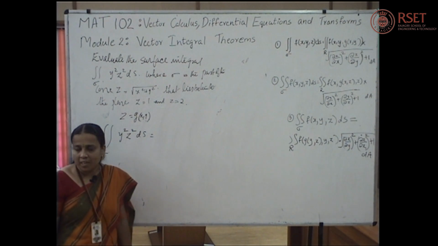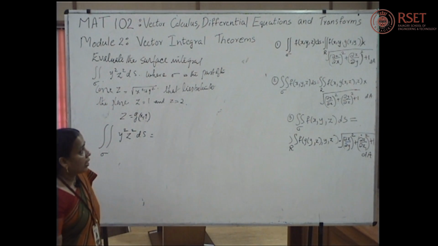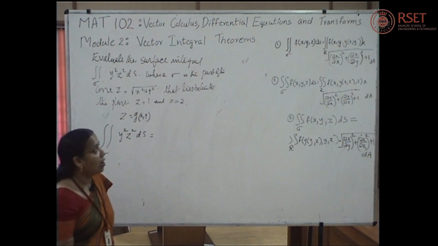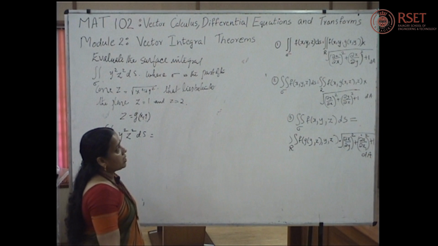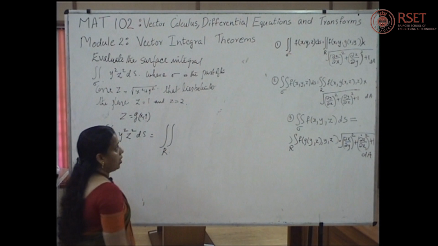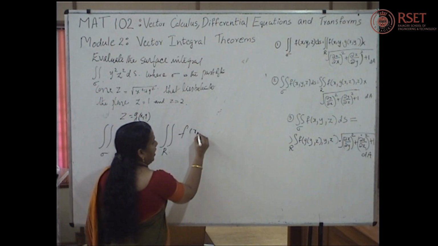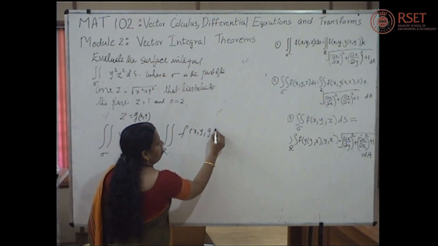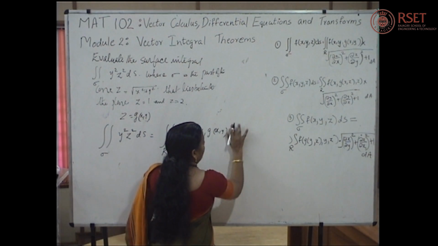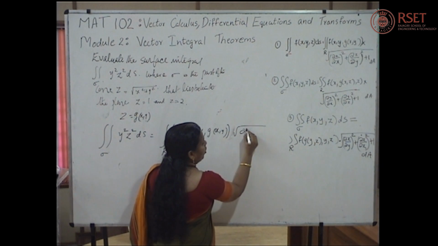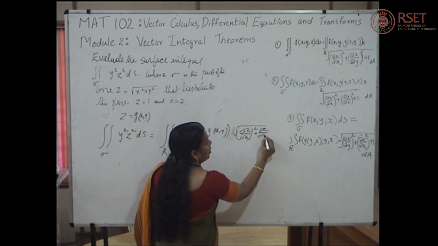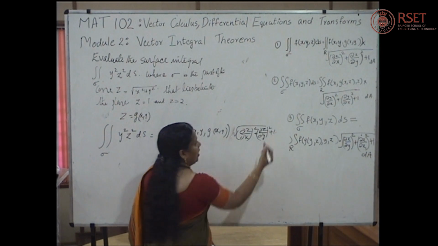Since z is given as a function of x and y, you can use formula 1 to evaluate the integral over sigma of f(x, y, z) dS, that is equal to the double integral over R of f(x, y, g(x, y)), where dS is square root of (∂z/∂x)² plus (∂z/∂y)² plus 1.